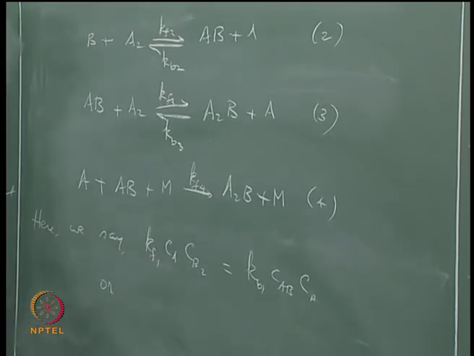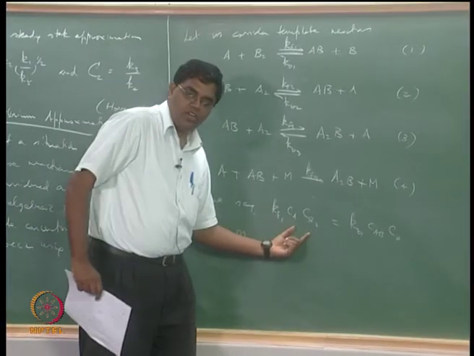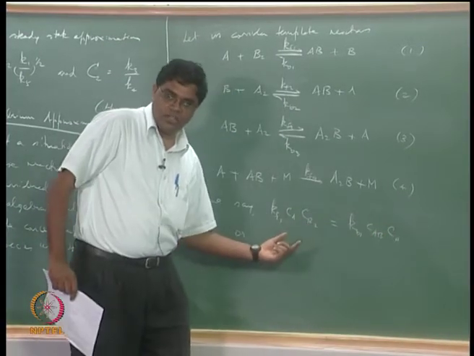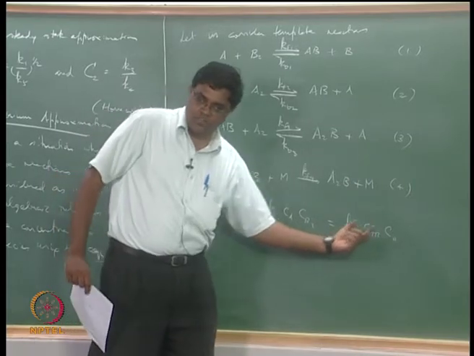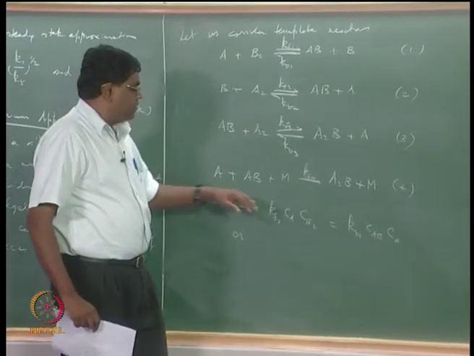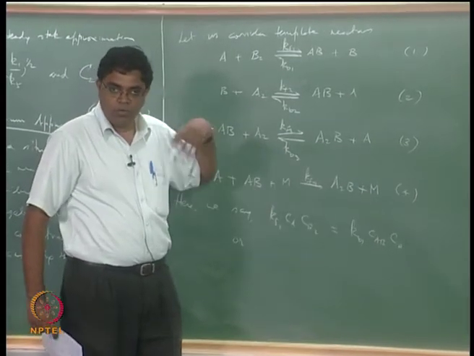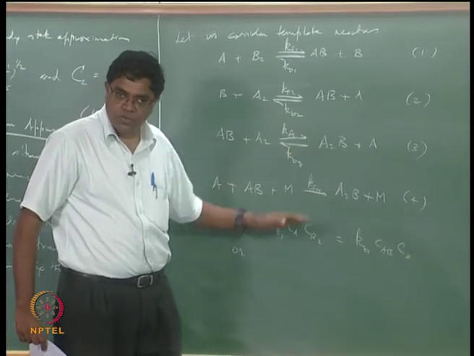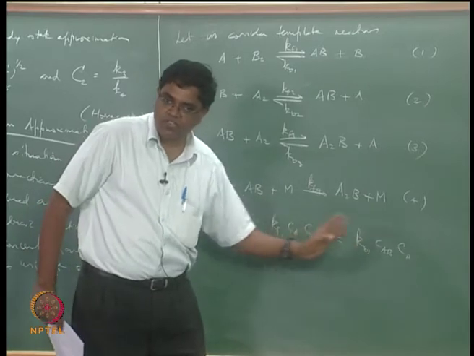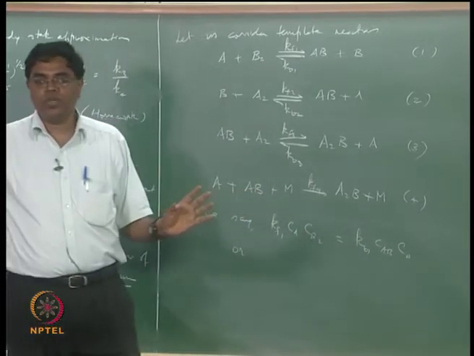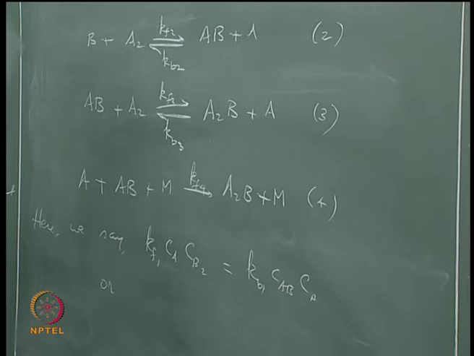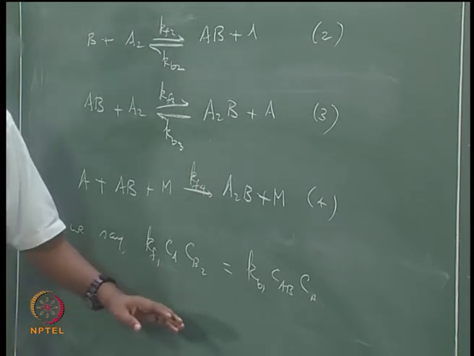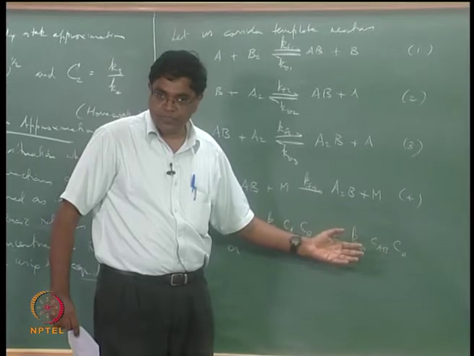Since you have the same molecularity on either side, this will go as p squared, and this will go as p squared. Concentrations can be written in terms of mole fractions, and mole fractions can have pressures, the total pressure, so the pressure dependence is going to be the same on both sides. So it does not matter whether you use an equilibrium constant based on pressure or based on concentration. I am just going to go back and use equilibrium constants based on pressures.